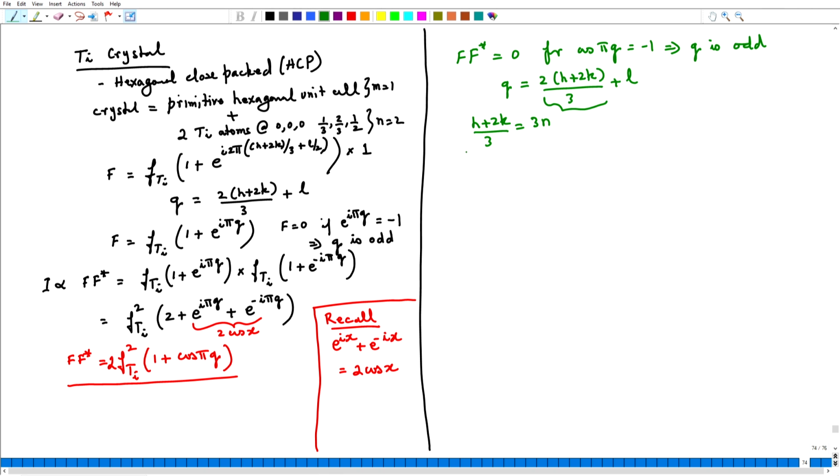So, let us examine the situation. h plus 2k is a multiple of 3, and let us say l equals odd. This implies that q is odd, and this implies that from above F star will be 0, and one will get extinction. What happens if l is even? If l is even, then in that case q will also be even.